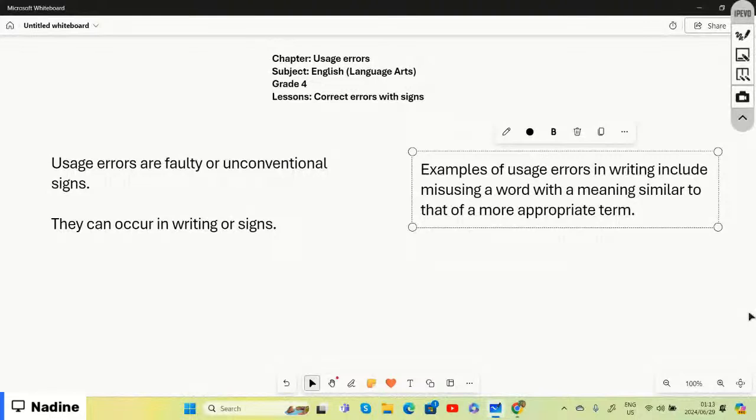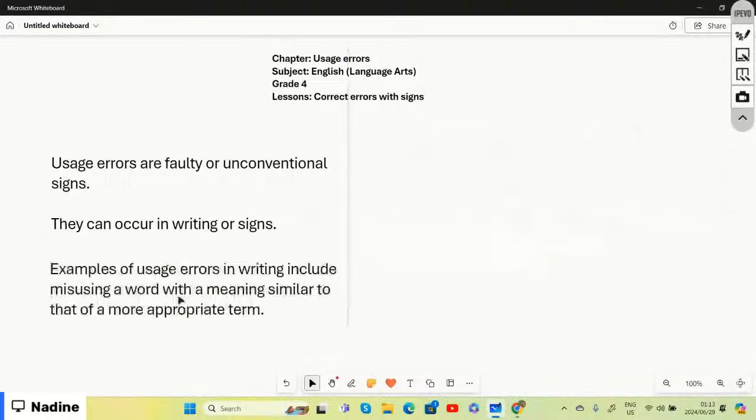And if we look at a few common errors of certain words, then it can even be specific sentences where words have been misspelled or used wrongly.